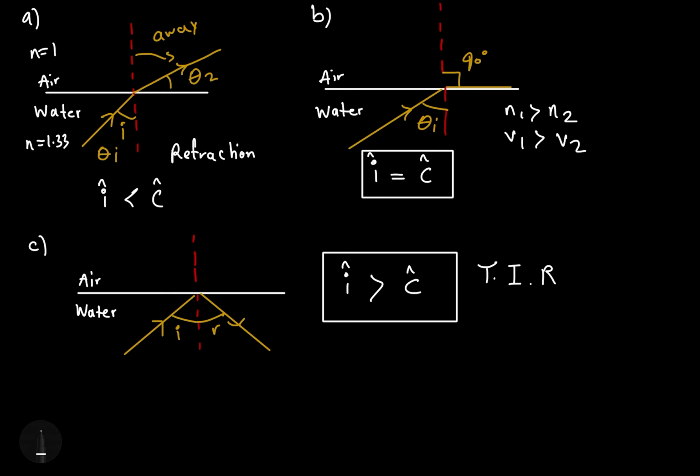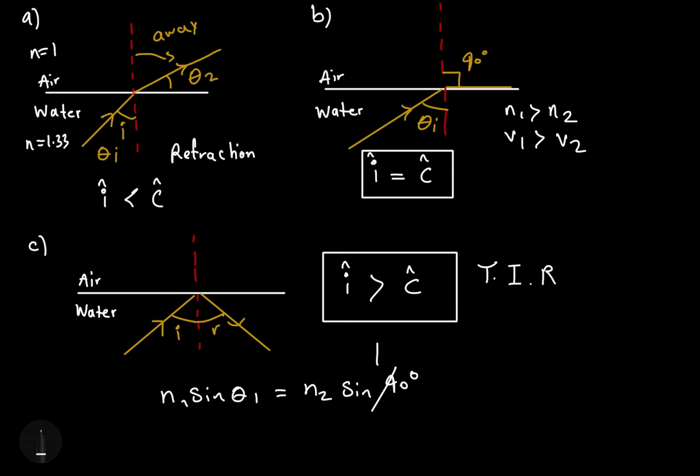So if this is the case, then we can come up with a new formula for calculating the angles. That formula is n1 sin theta 1 equals n2. We know the ray of light at the critical angle gets refracted at 90 degrees, right? So we can say n2 times sin 90. Now we know the sin of 90 is 1.